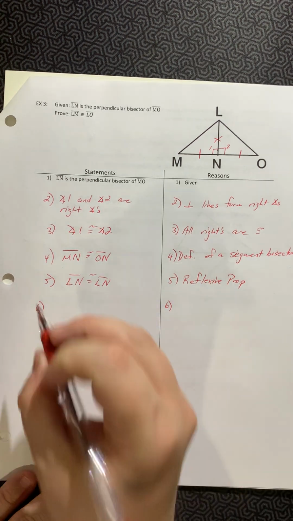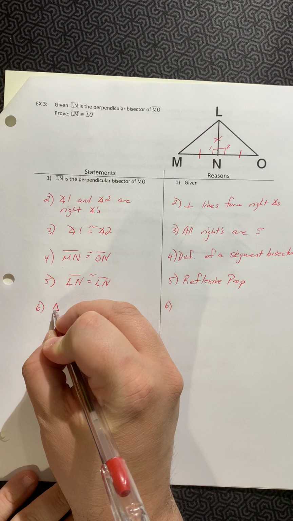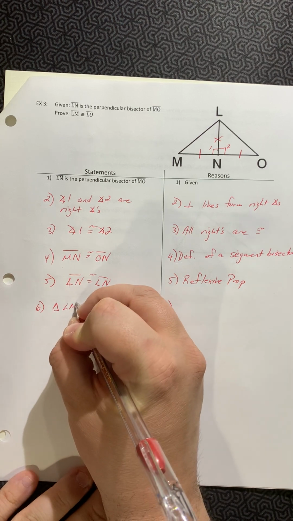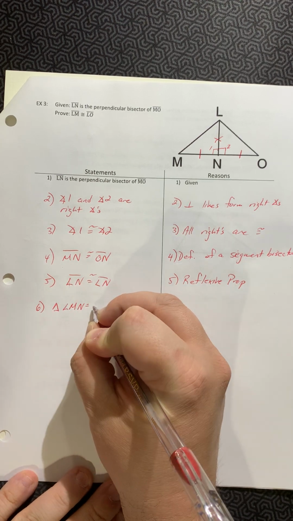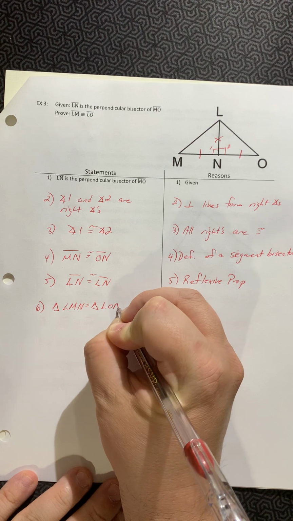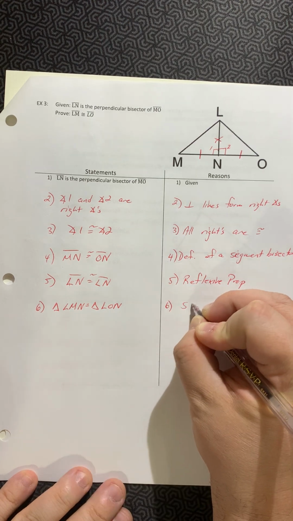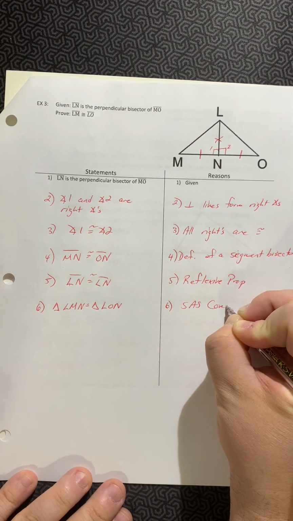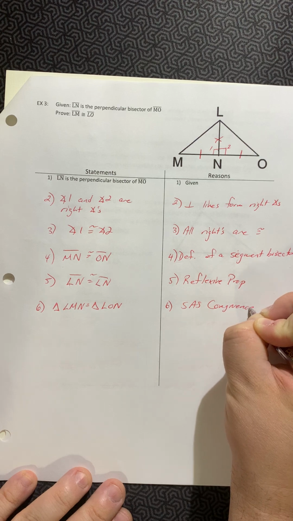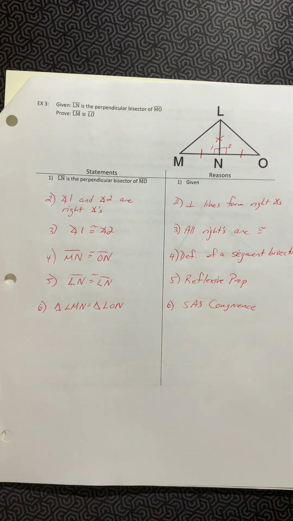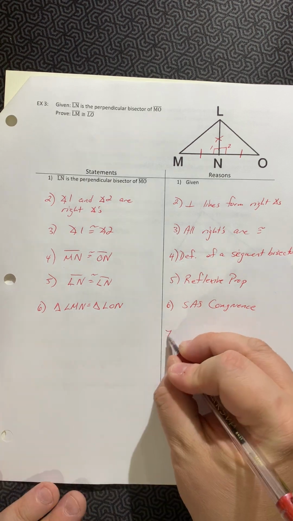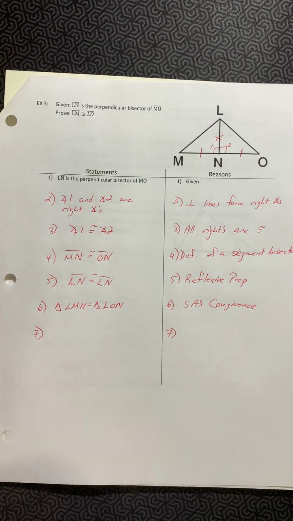So I'm going to now say that triangle LMN is congruent to triangle LON because of the side angle side congruence. But this is where if you try this on your own, you might not have known how to finish up or how to get here, because there is a 7th and final step.